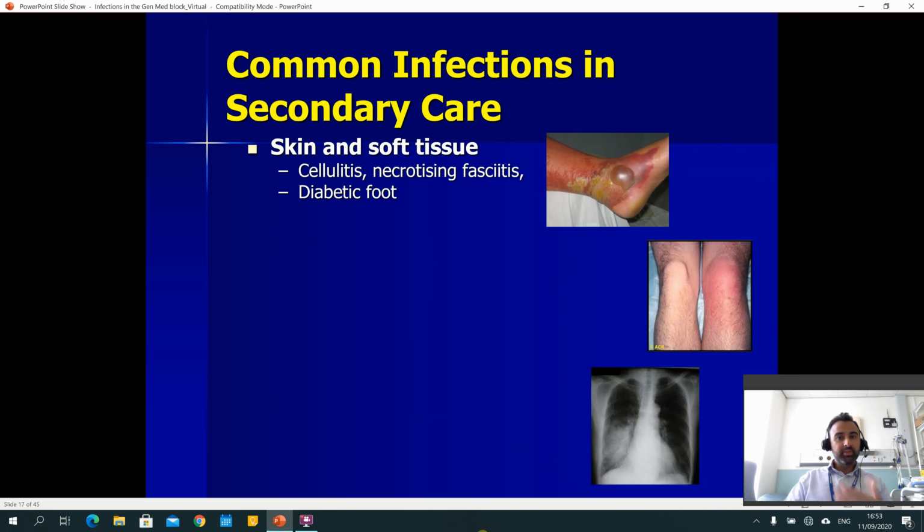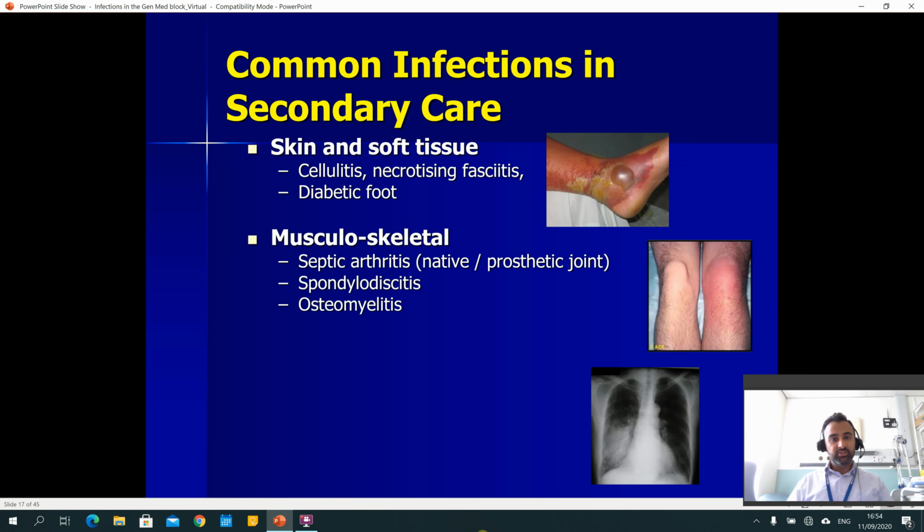So let's go through the common infections. You're going to see, well, we've gone through lots of them already. Skin and soft tissue, that's a very nasty cellulitis, and it's probably a group A strep infection. So this infection may cause cellulitis, may cause necrotizing fasciitis. So we've said already this will either be Staph aureus or some of the Lancefield grouped streptococci, such as group A strep or group C or group D strep.